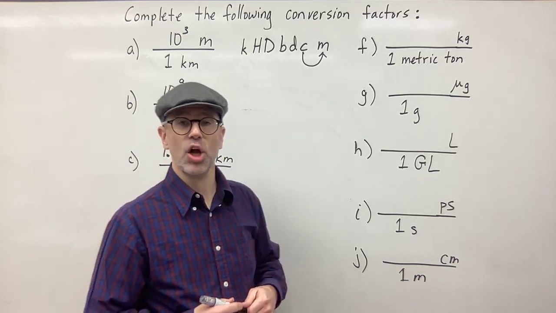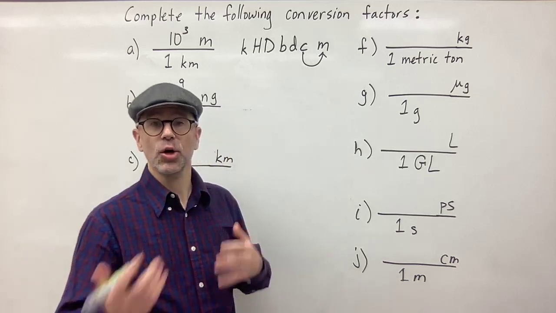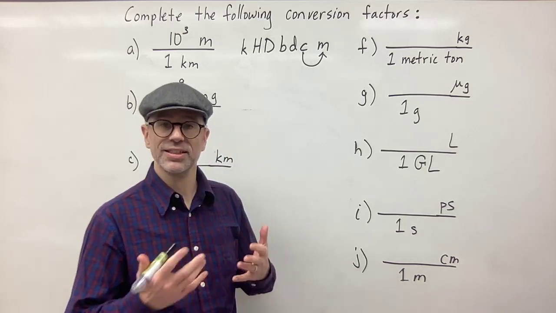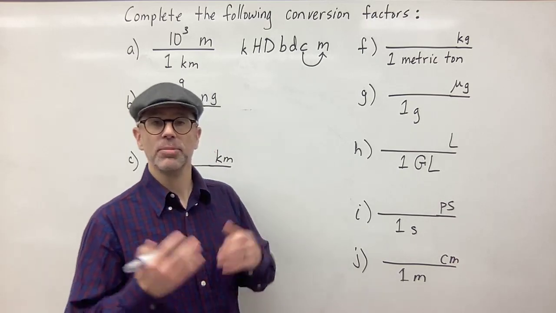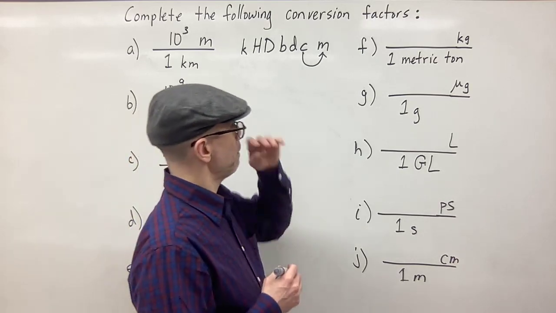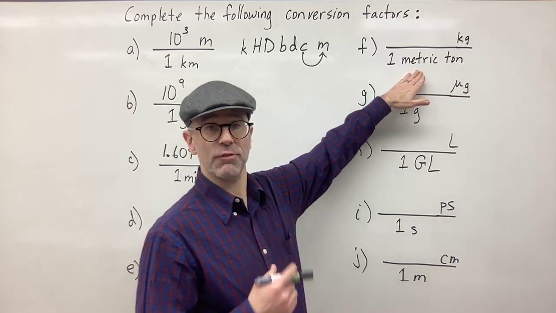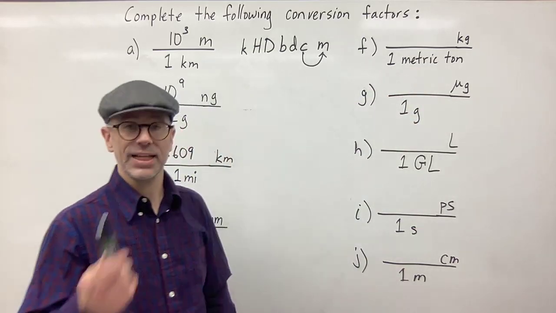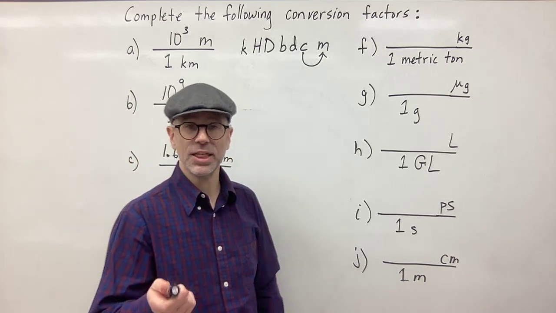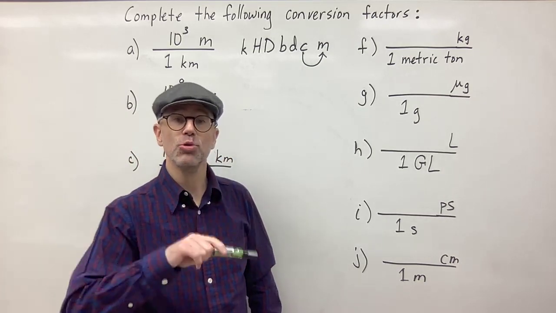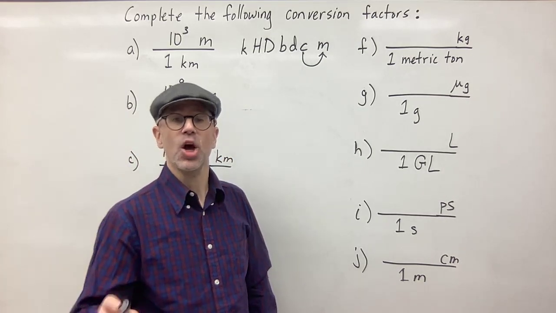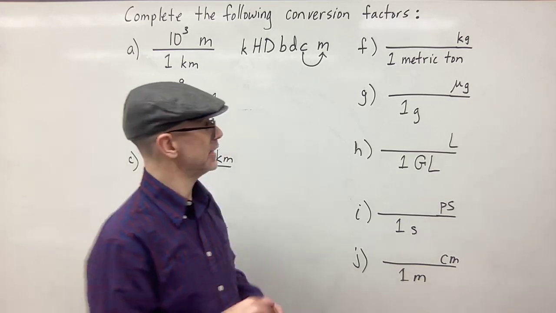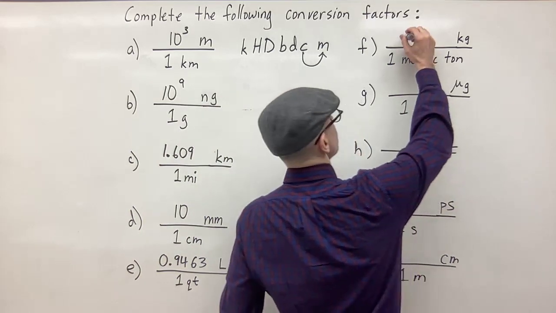So it's kind of like knowing that 1 kilogram is equal to 1,000 grams. It's just what it is. So the metric ton is different from the English ton. For those of you who may be familiar with the English ton, 1 English ton is going to be equal to 2,000 pounds exactly. 1 metric ton is equal to 1,000 kilograms exactly.